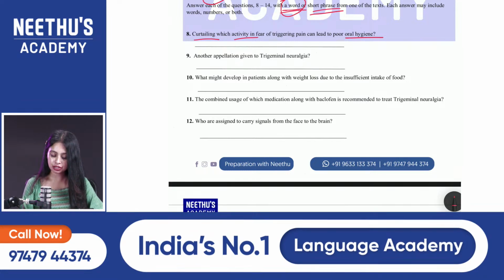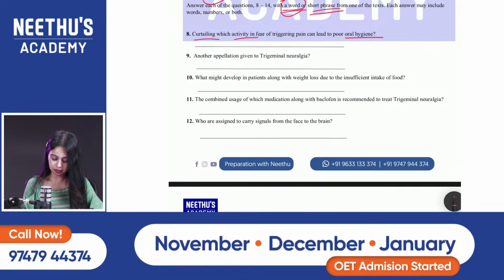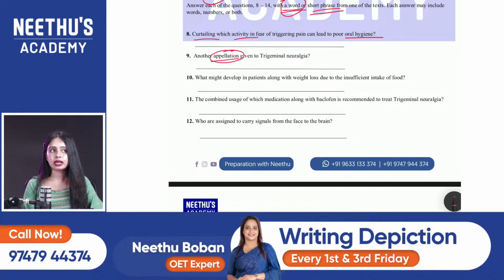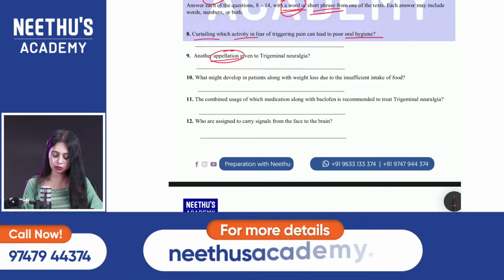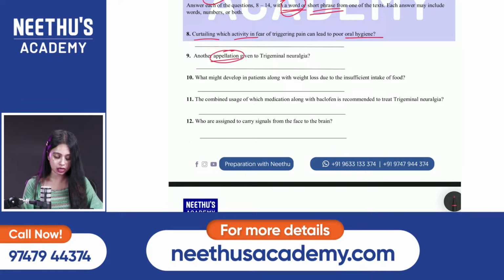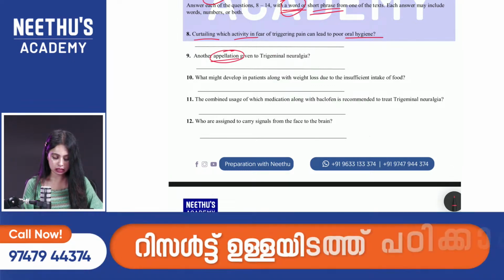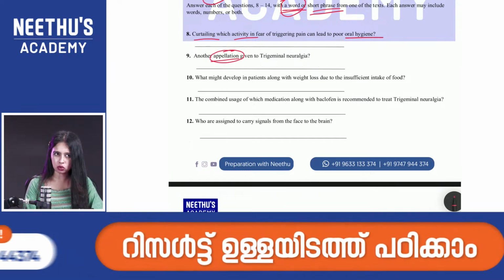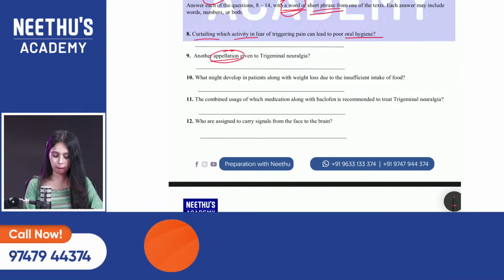Another appellation given to TN. Appellation, which means, I think, a name, right? Yeah, designation. So what is another substitution for TN? What is another word, or not a word, actually, a noun?